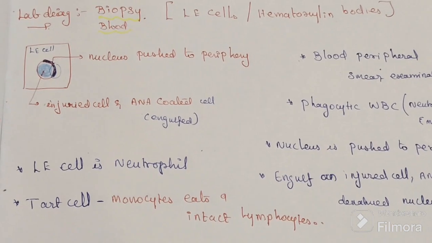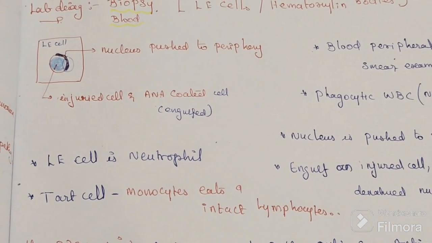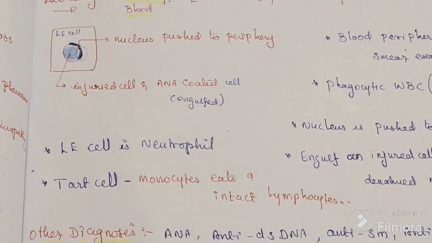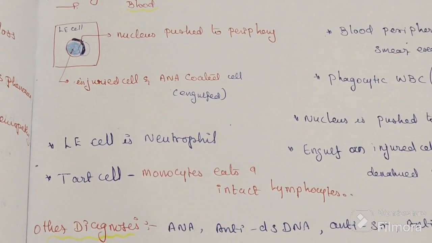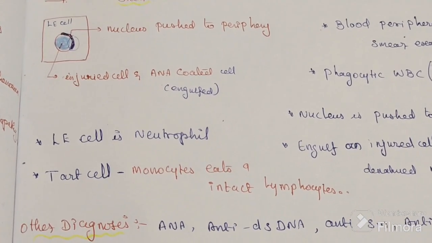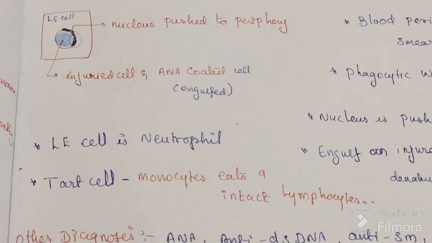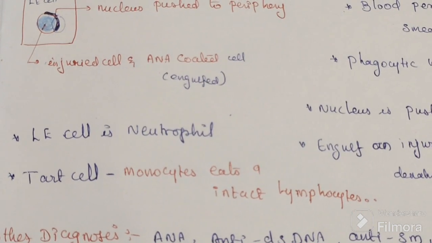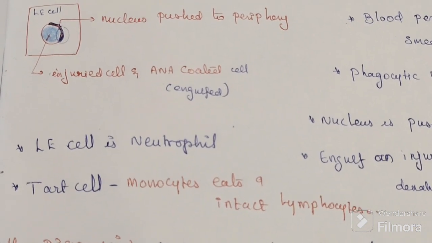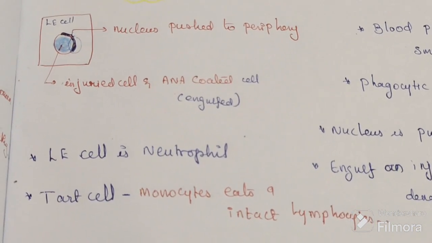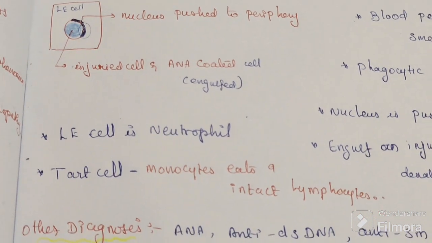LE cells basically refer to neutrophils, and if a monocyte eats an intact lymphocyte, it is called a tart cell.